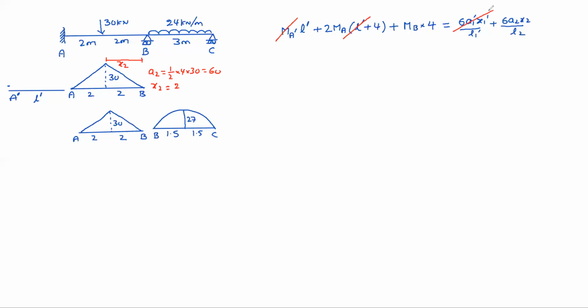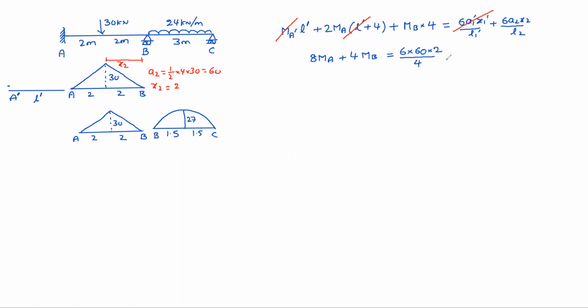So finally we got an equation like this: 8 MA plus 4 MB equal to 6 A2, 60, x2, 2 by L2, how much? 4 for the AB span.